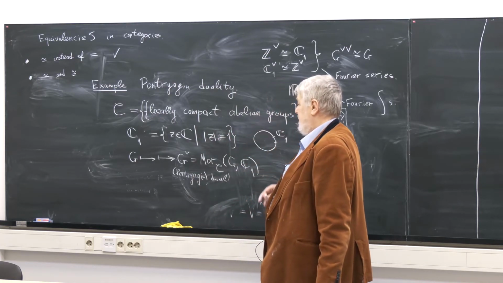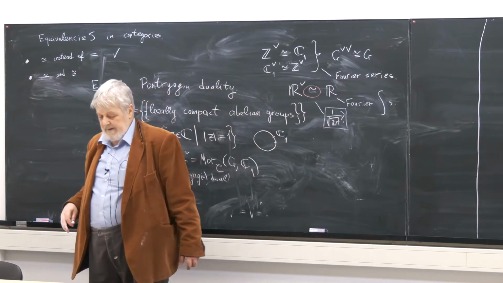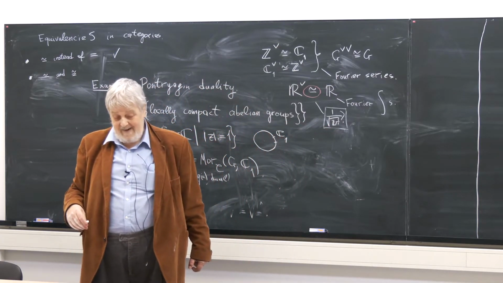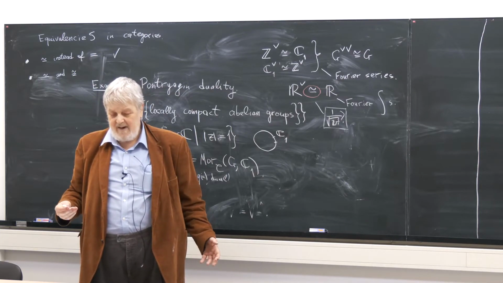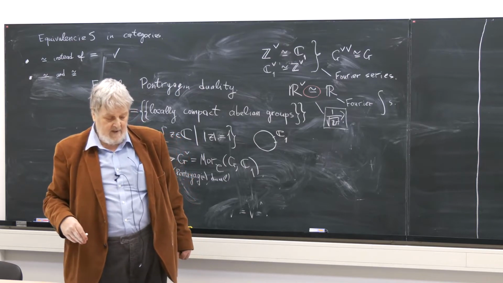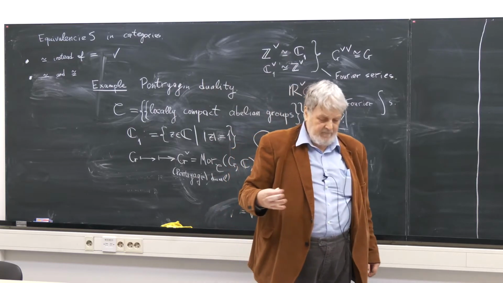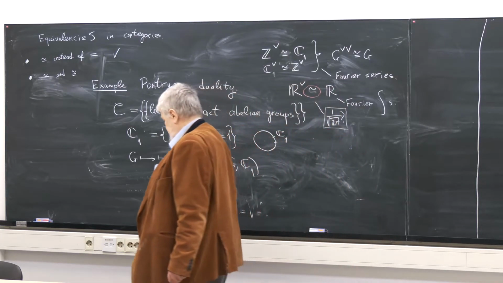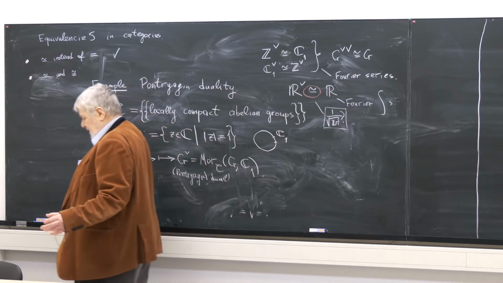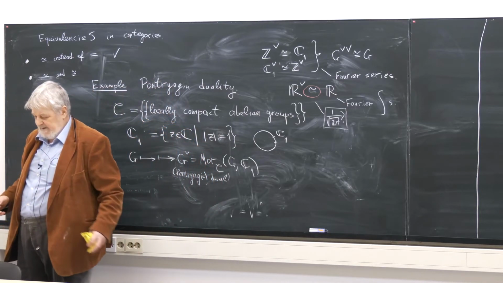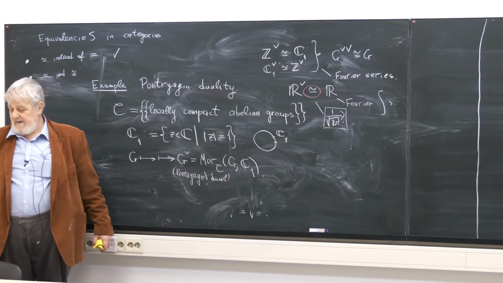I think this example deserves attention, at least to illustrate the fact that categorical language and categorical concepts give very concise formulations for the classical facts in different domains of mathematics, including classical analysis.